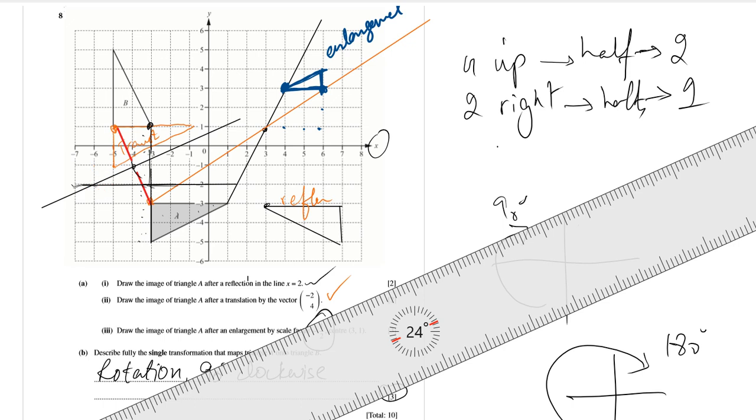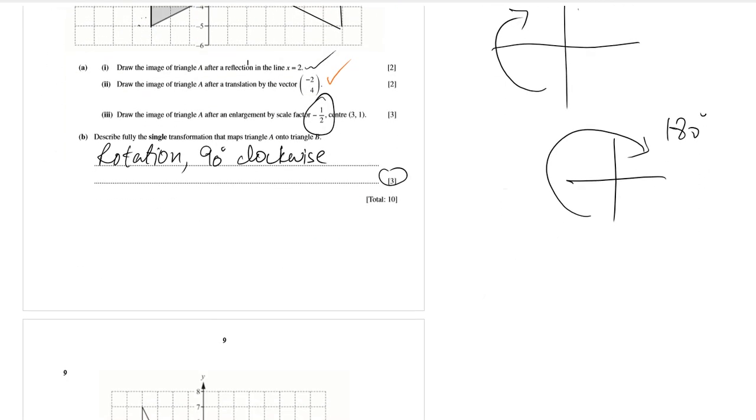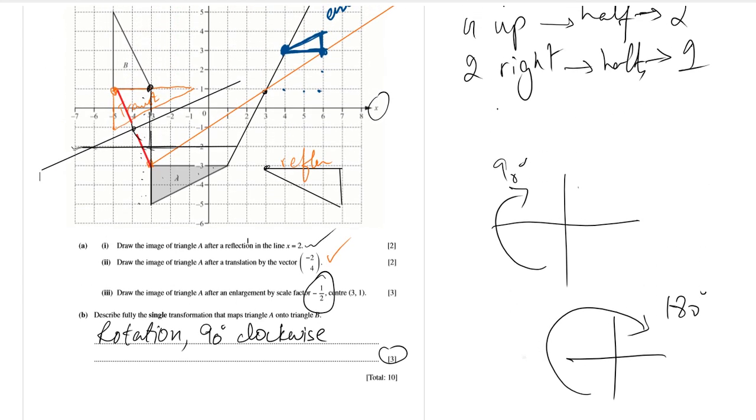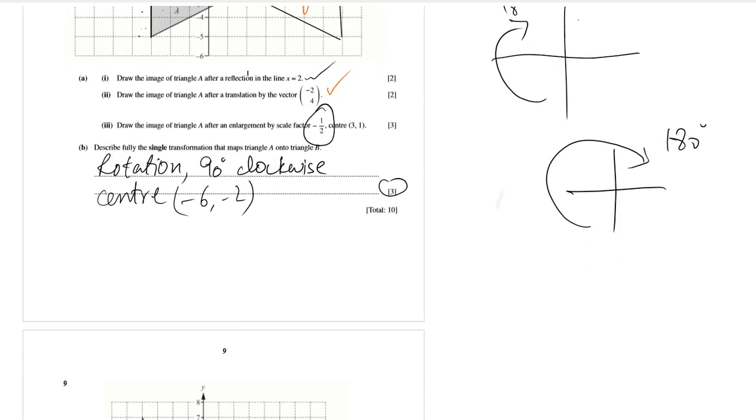So the center has to be -6, -2. Rotation, 90 degree clockwise. Center, sorry, center -6, -2. Okay, ji. Next.